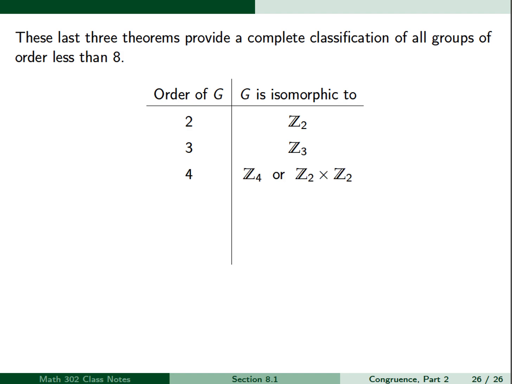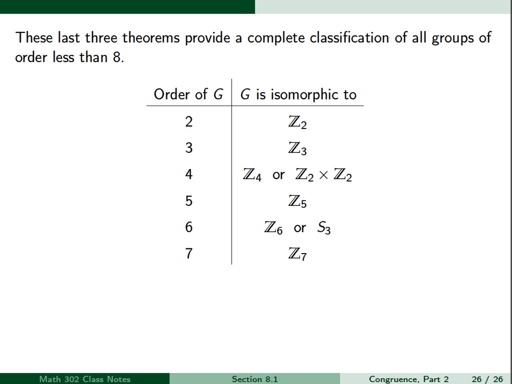If the order of G is 4, then G is isomorphic to either Z4 or Z2 cross Z2. If the order of G is 5, well, 5 is a prime, then G is isomorphic to Z5. And we've just finished showing that if the order of G is 6, then G is isomorphic to Z6 or S3. And if the order of G is 7, then G is isomorphic to Z7.